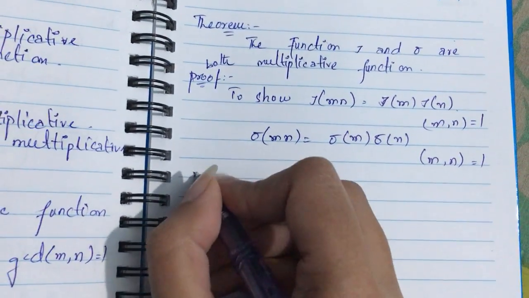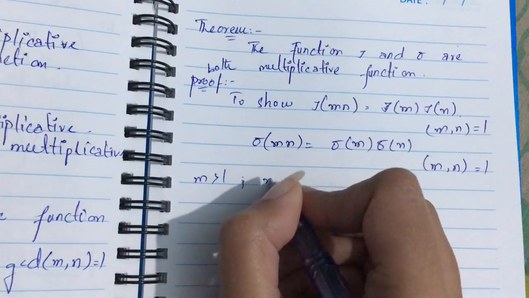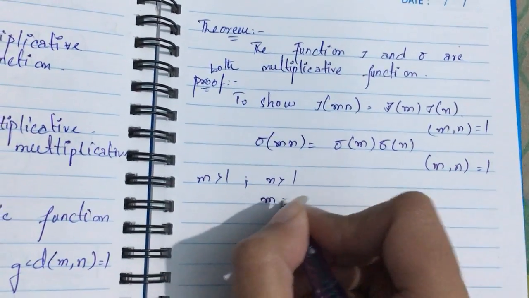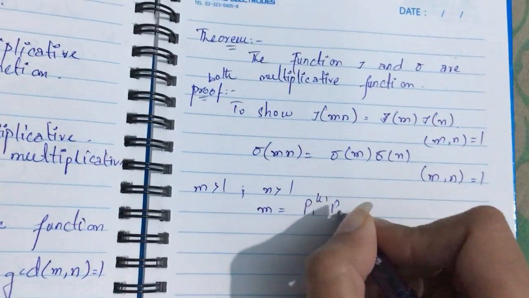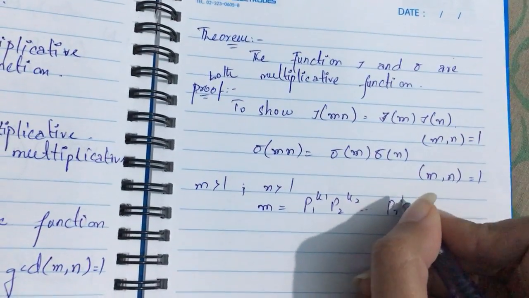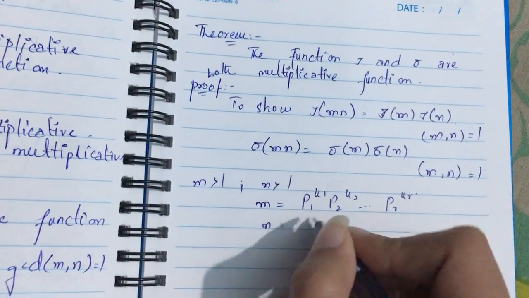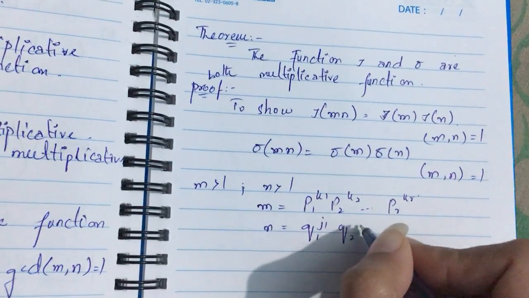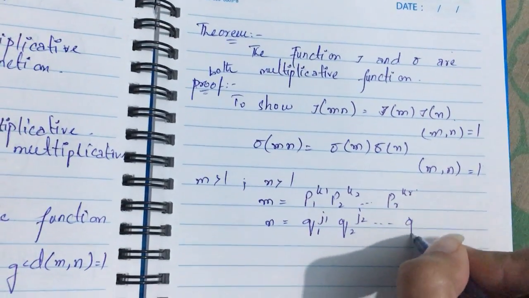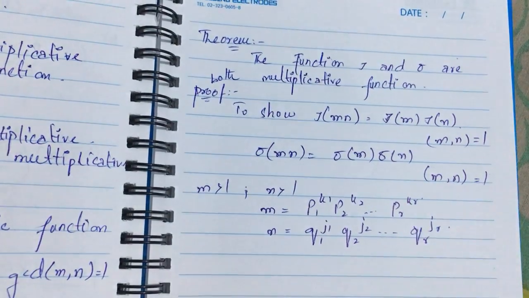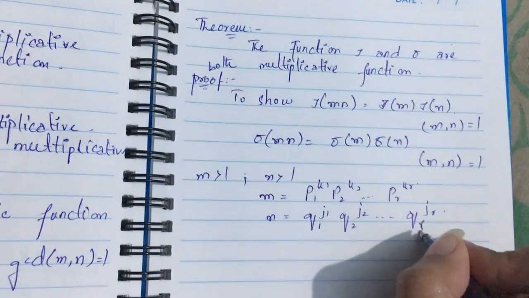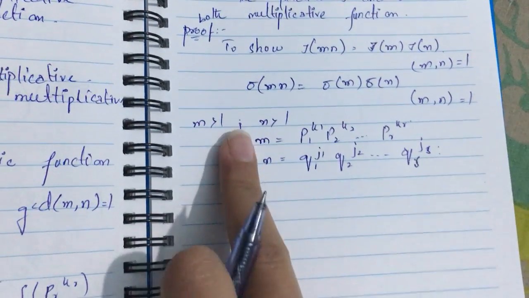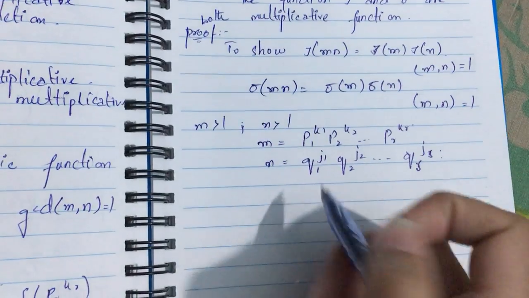Here m is greater than 1 and also n is greater than 1. We have m as p1 k1, p2 k2, up to pr kr, and we can write n as q1 j1, q2 j2, up to qs js. These are the numbers m and n here.